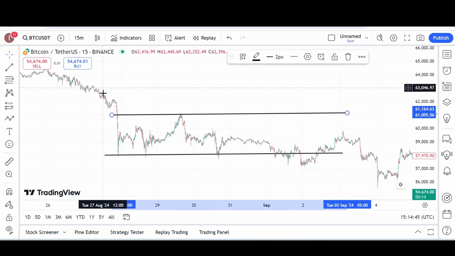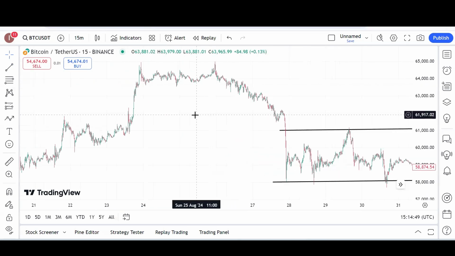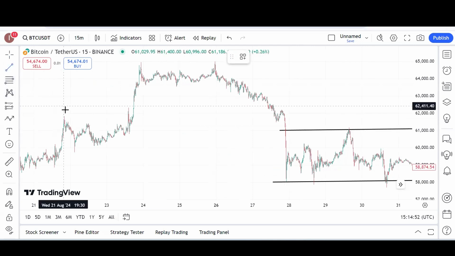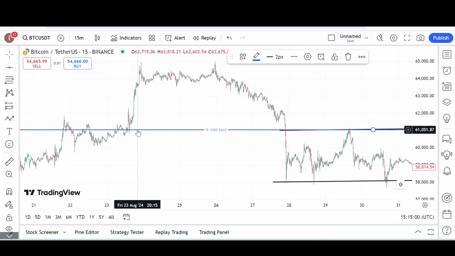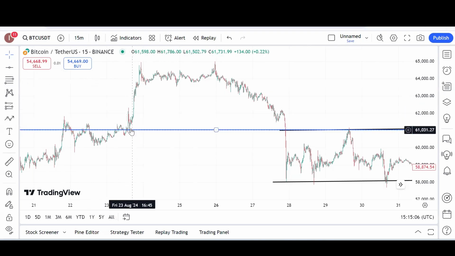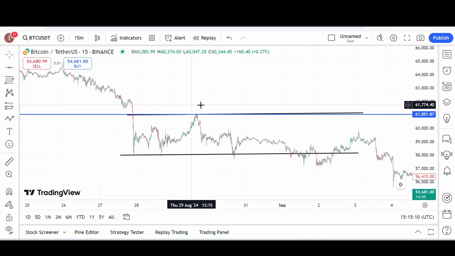The price broke its previous support. I will clearly show you an example, which is the most important. Let's start. This is the support level, and next is the resistance level.